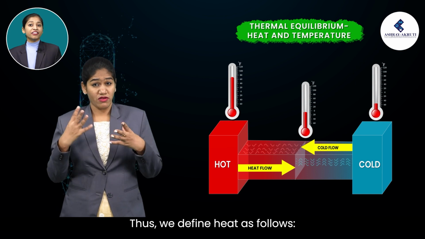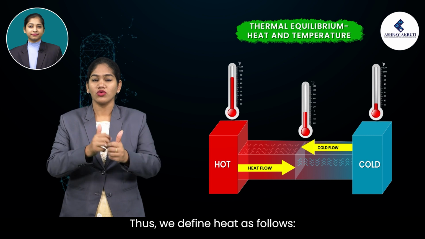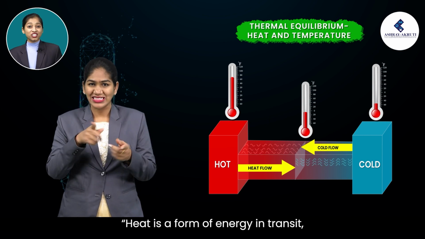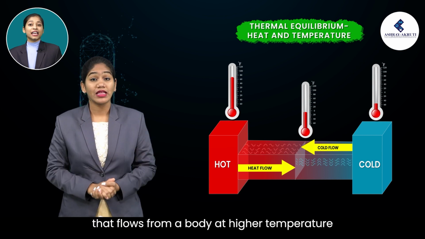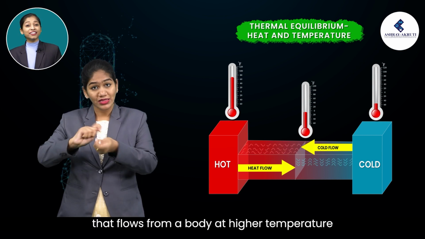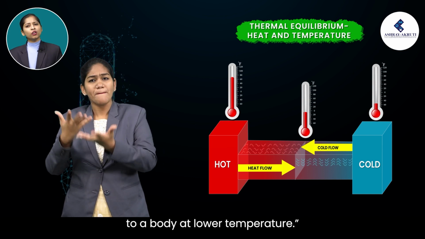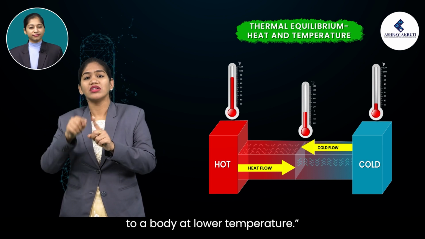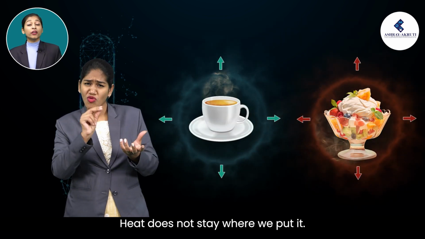Thus, we define heat as follows. Heat is a form of energy in transit that flows from a body at higher temperature to a body at lower temperature. Heat does not stay where we put it.